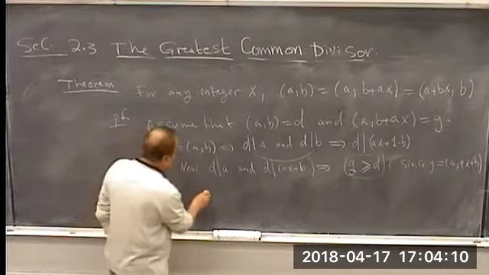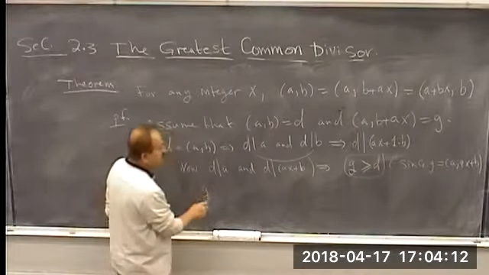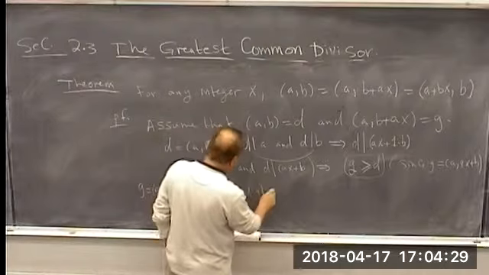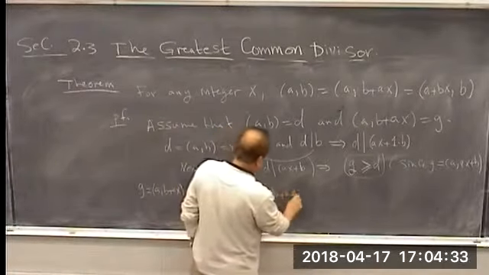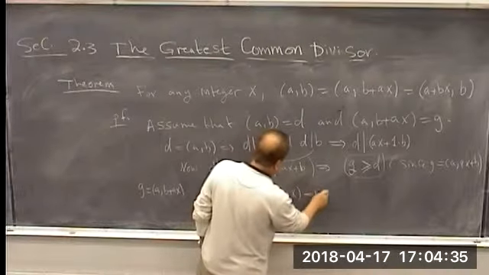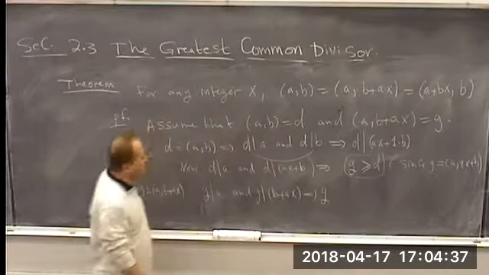And this time we start with G. G divides A, and actually here we are using G is equal to the gcd of A, B plus AX. All right, so G divides this and G divides B plus AX. And so we're going to take a combination of these.